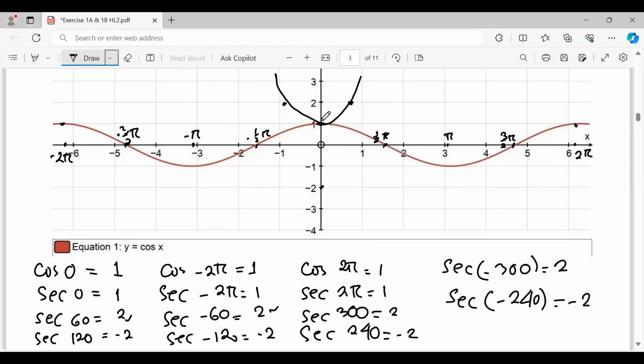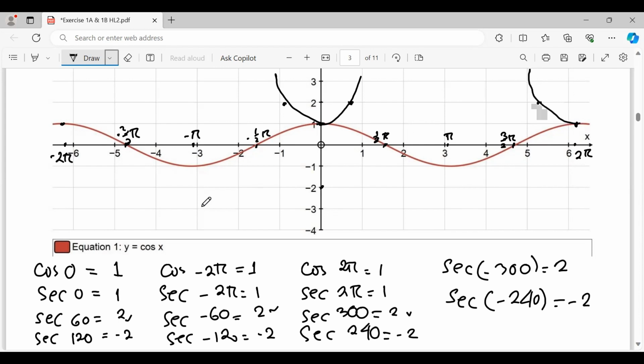Okay. Look at the maximum point of cosine x being the minimum point for secant x. Okay, and as well here. So if secant equals 300 around here, it will be like this.